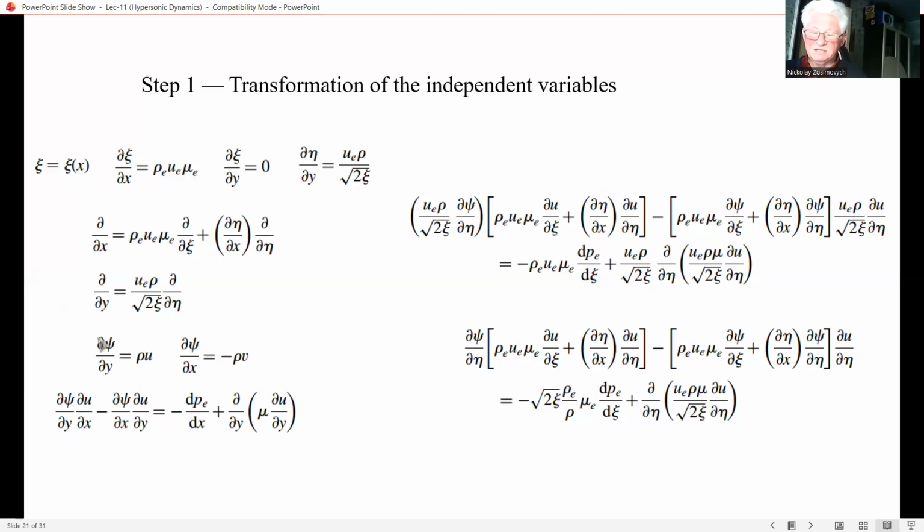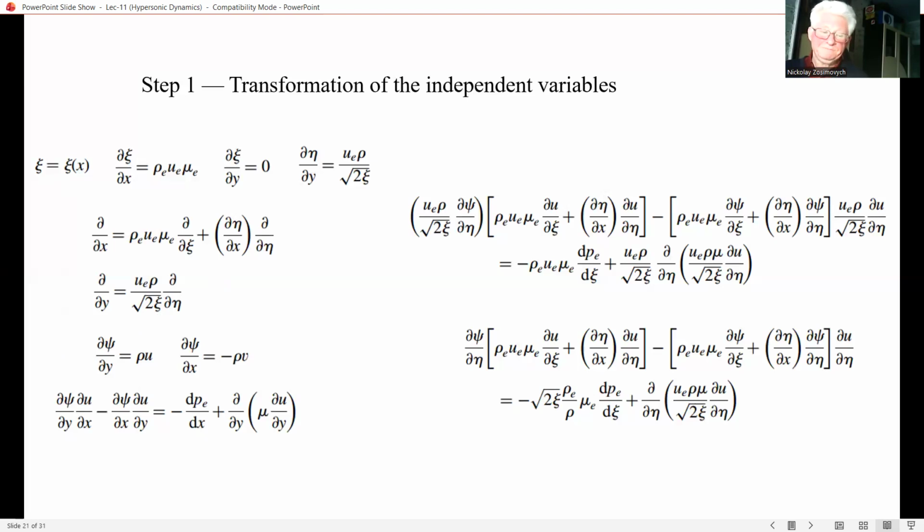From the previous equations, keeping in mind that zeta depends only on x, we have the next expression in this case. After substitution, we obtain the following derivative transformation.